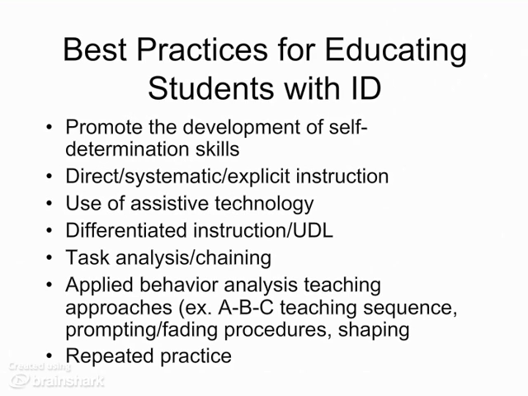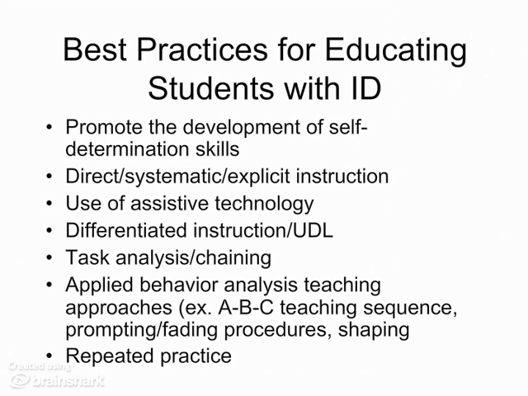We also need to use assistive technology to help with any physical needs and/or communication needs. You will need to differentiate your instruction using principles of universal design for learning so that we learn how to modify instruction in the general ed classroom so it is appropriate for the students' performance levels. The use of task analysis and chaining are very important for students with ID because it helps them break tasks and skills down and provides the supports they need to learn in a stepwise fashion.